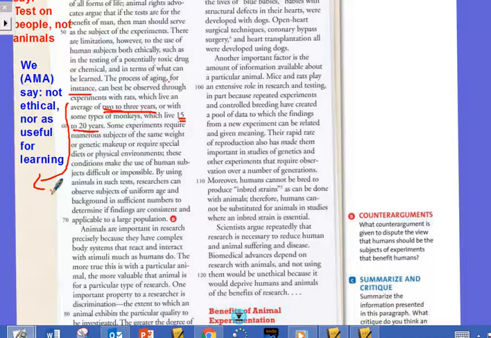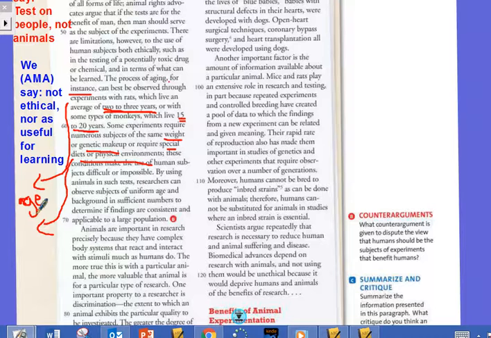Rats only live 2 to 3 years, so age or life cycle, lifespan. "Some experiments require numerous subjects, so many numbers of people or subjects, animals, of the same weight or genetic makeup, or require special diets or physical environments. These conditions make the use of human subjects difficult or impossible."